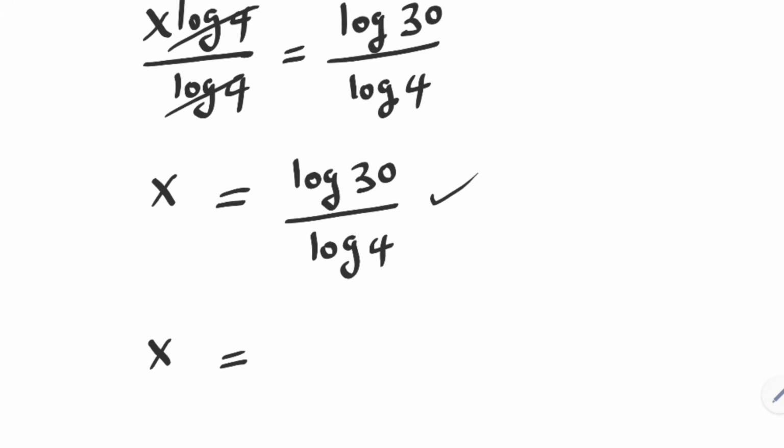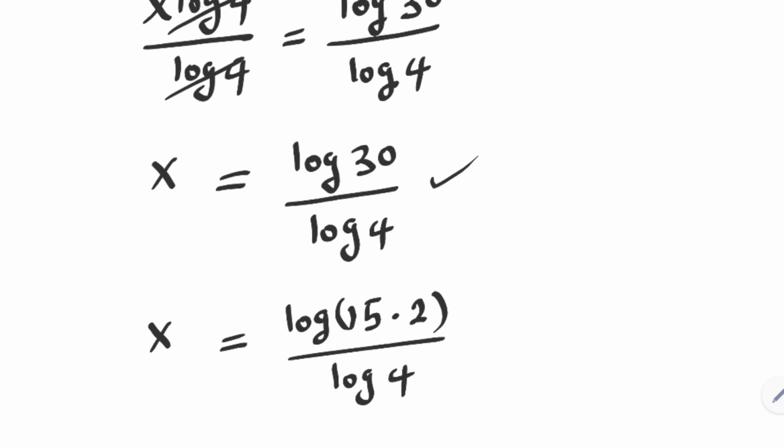x is equal to log 30 can be written as log 15 multiplied by 2 over log 4.